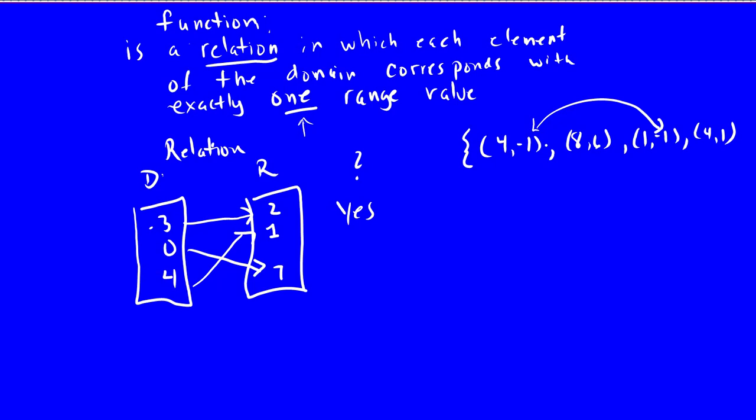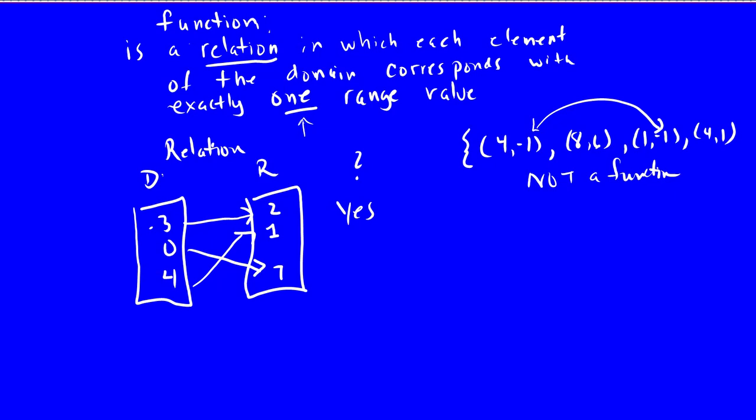So the relation then is not a function. So you can look at any relation and make sure that each domain value corresponds with only one y value. And if it does, then it's going to be a function.